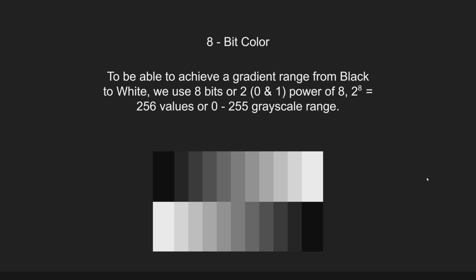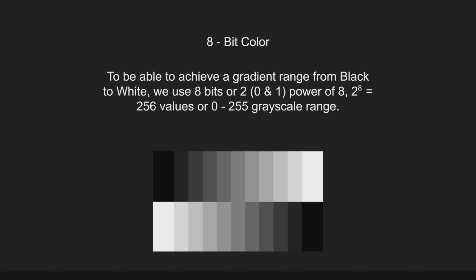Next, we have 8-bit color. So the basic 2 bits that we have, the 0 and the 1, are a binary. But the thing is that there's no way to just use those ones. We don't have enough information to really see the small gradations or gradients of color in between. So what we end up doing is we don't just use the 2 bits, the 0 and the 1.